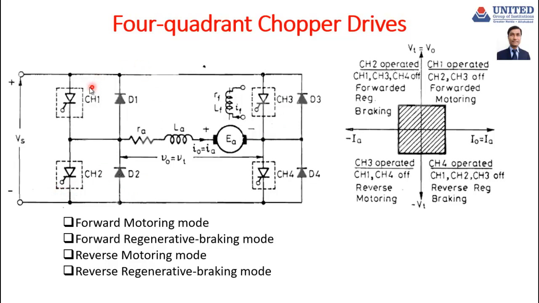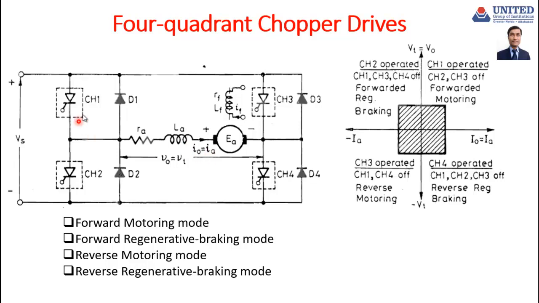When the switches CH1 and CH4 are turned on, then input voltage Vs is applied across the armature terminal of the DC motor, and then armature current increases.